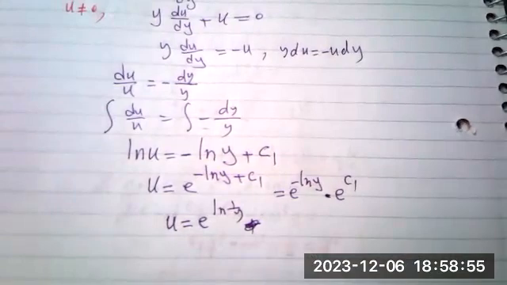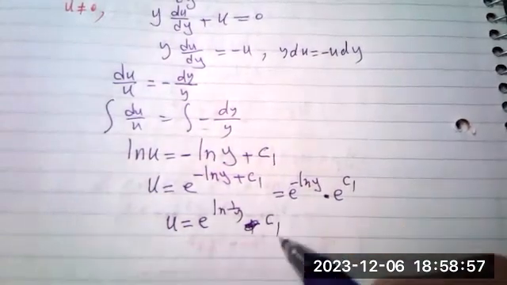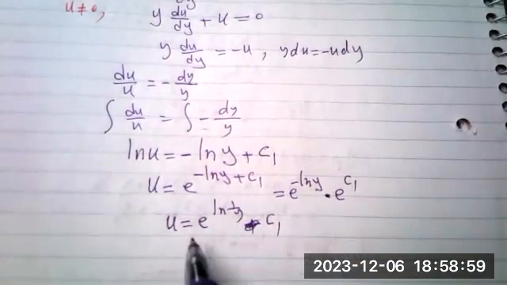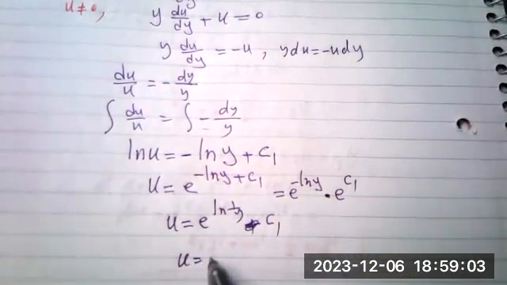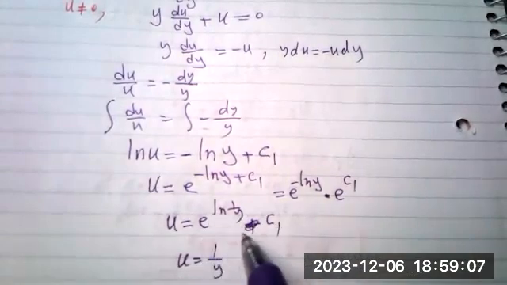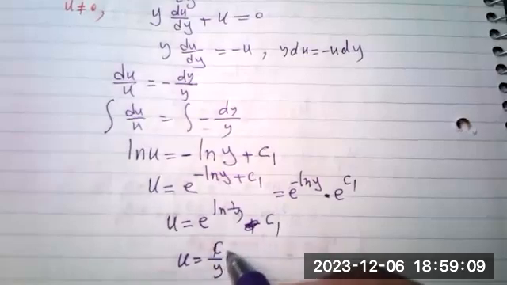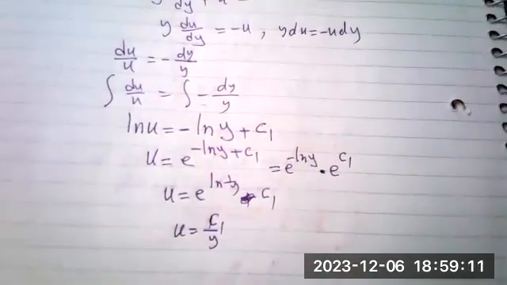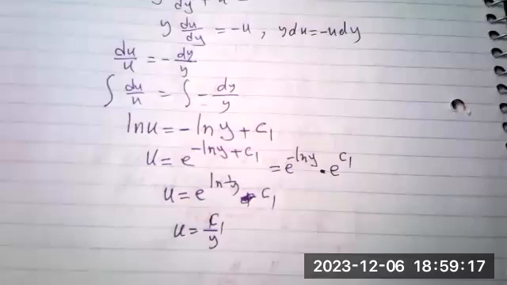It's a constant. So I'm calling it c1 again. e to the ln of 1 over y, you are going to lose the ln. It's 1 over y, times that c1. So u is c1 over y. Any question? We have to do this simplification to be able to get through it. Yes.